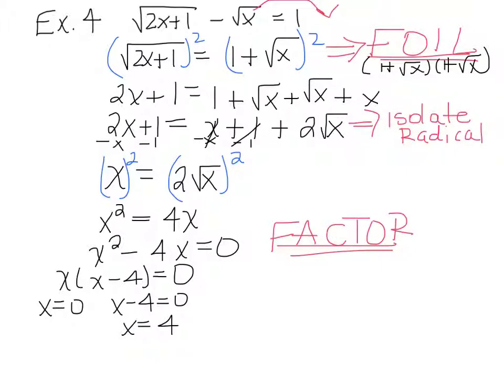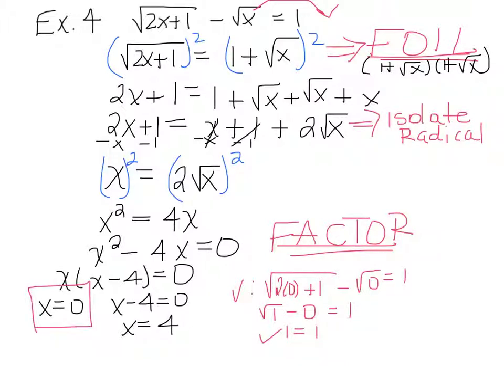And we must check our answers. So let's first try 0. So you get the square root of 1 minus 0. 1 equals 1. So 0 works. Then I'm going to try 4.